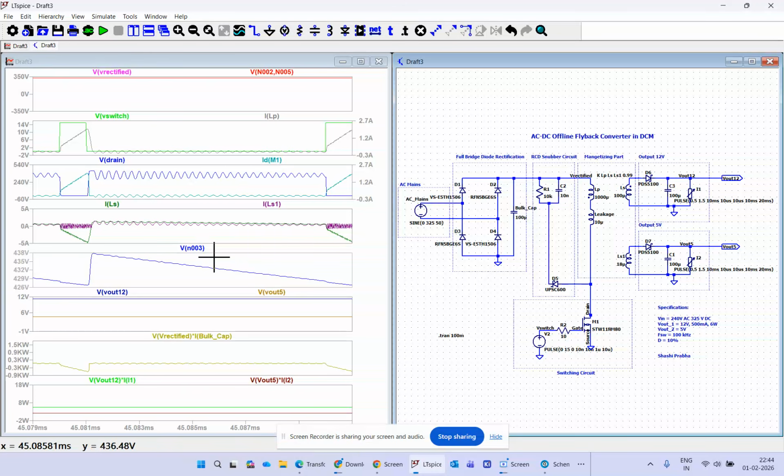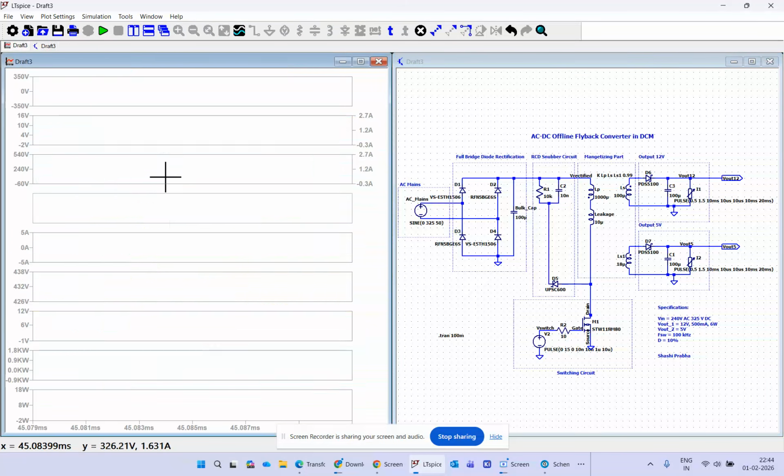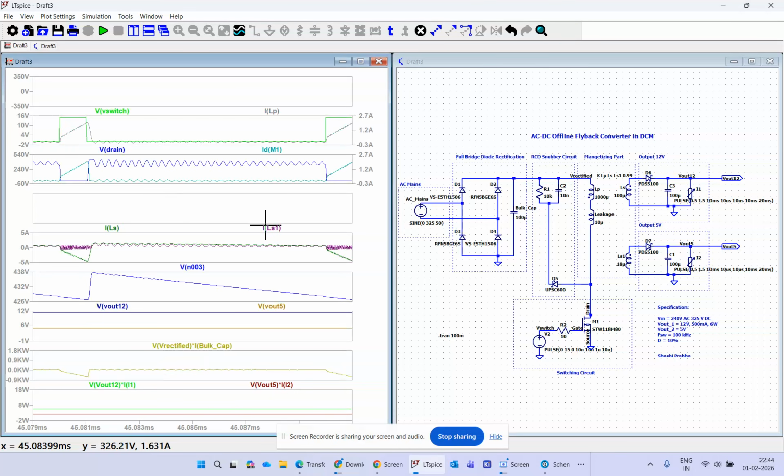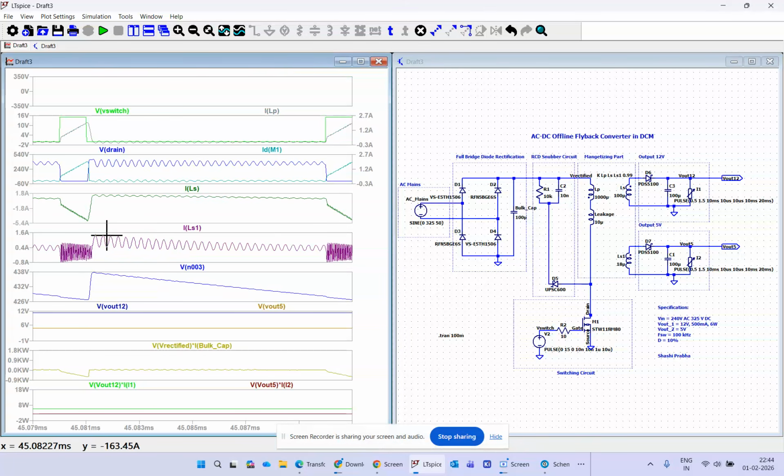And then these are the currents across both the secondary inductances of both the outputs. We can see that with the lower output, I will separate both of them. Yeah.